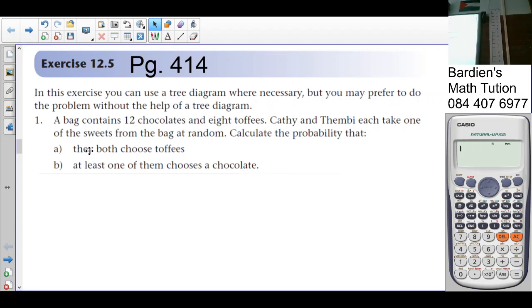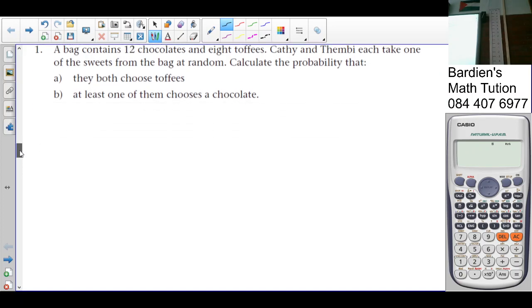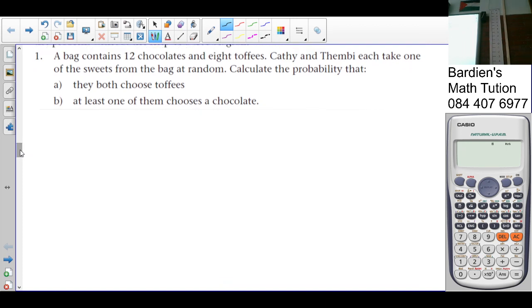If you look at this, of course, the tree diagram is going to be the better option. Not so? So let's say Kathy goes first. What options does Kathy have? She can either choose a chocolate or a toffee.